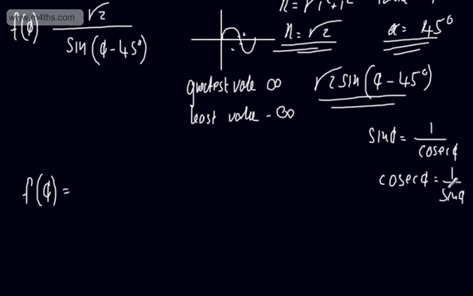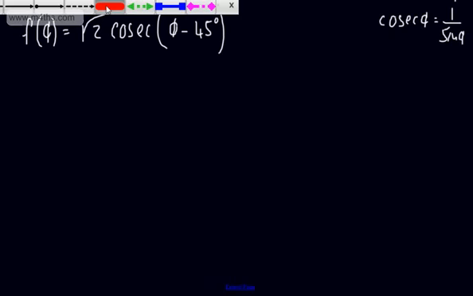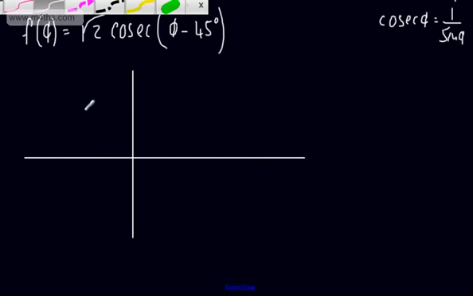So let's see how we could write this. We could write this as root 2 cosec of theta minus 45 degrees. So if we think about what's happened to this particular graph, I'm going to draw this. When we draw, I'll just start off with root 2 sine theta.